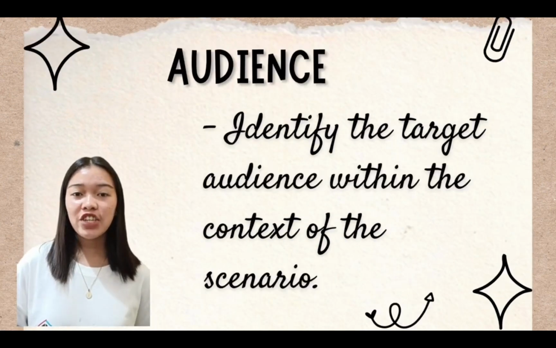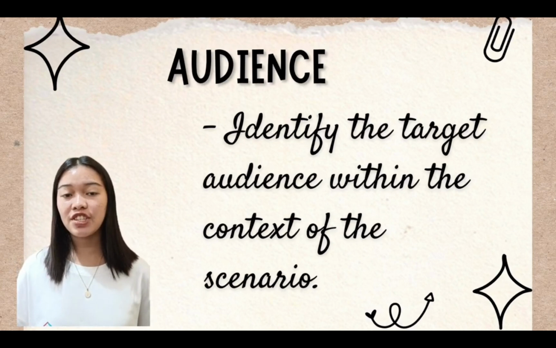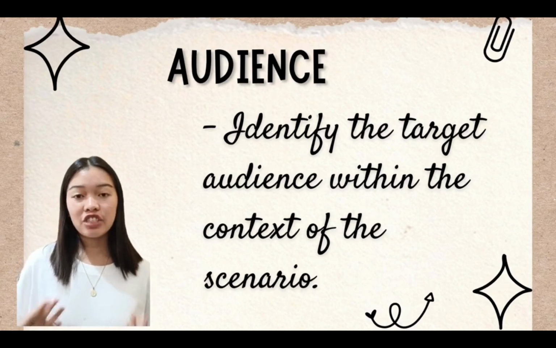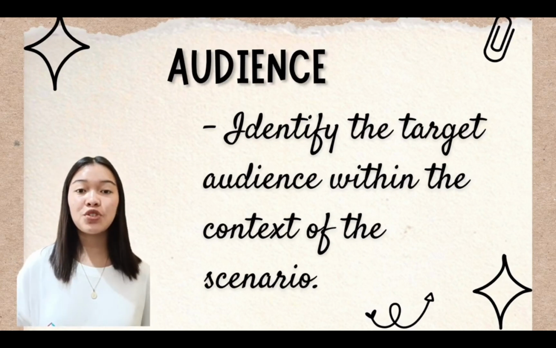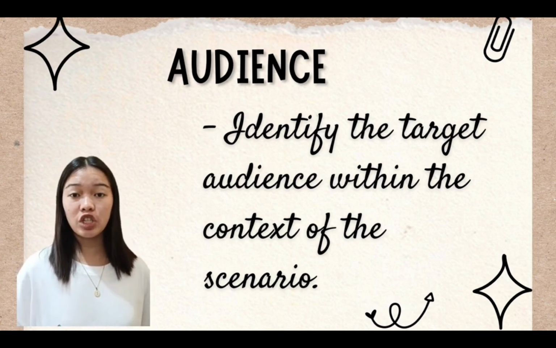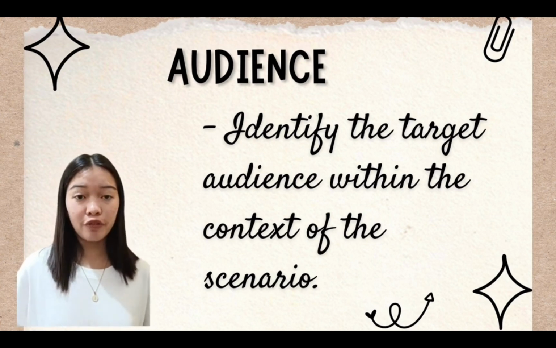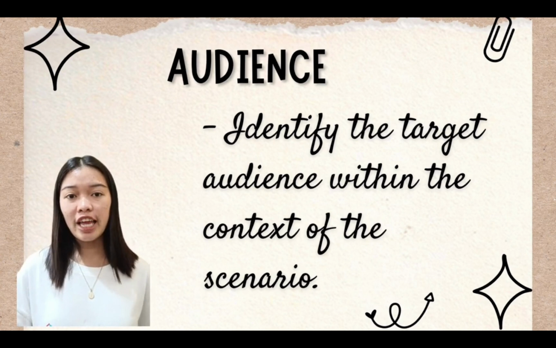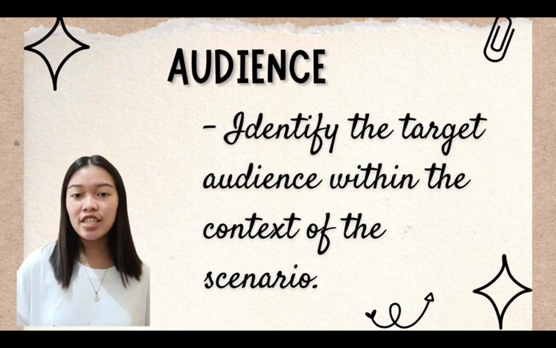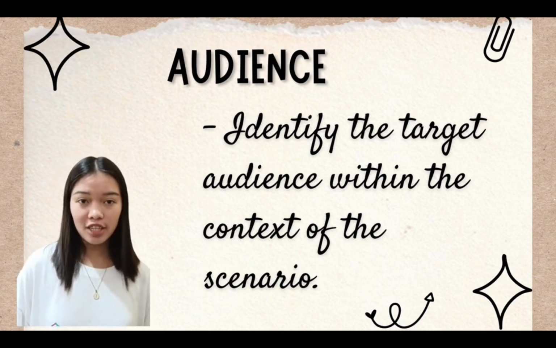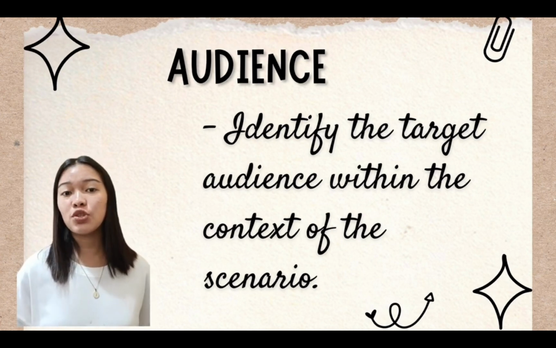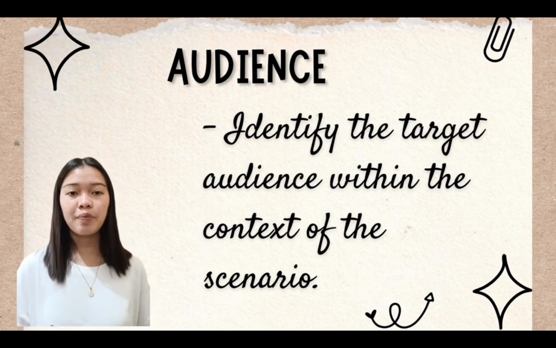Audience: identify the target audience within the context of the scenario. Identify the target audience for whom students are solving the problem or creating the product. For example, your target audience are the judges of the poem writing contest. So it is about who the target audience are.